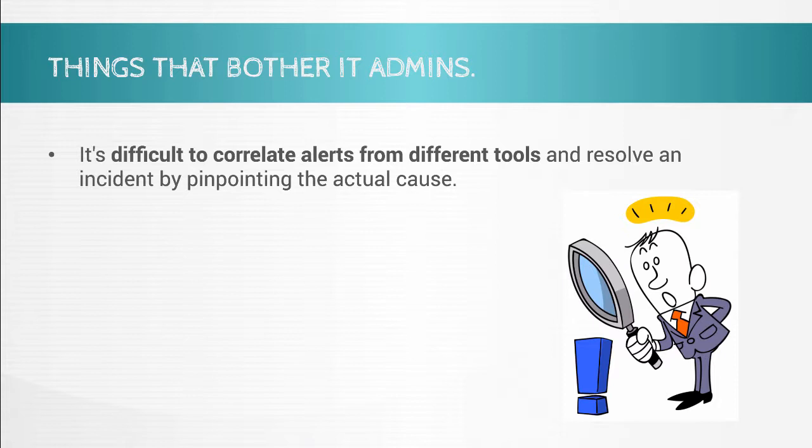Your website monitoring tool will generate an alert saying that your website is down, and your network monitoring tool will generate an alert saying that your network is down. If you can see both these alerts in one console, you can clearly understand that a network outage has caused the website to go down, and you can easily resolve the incident. But if you have to toggle between two screens and check the alerts from these applications in different screens, it will be hard for you to pinpoint the actual cause.